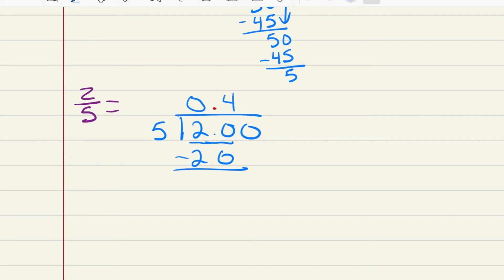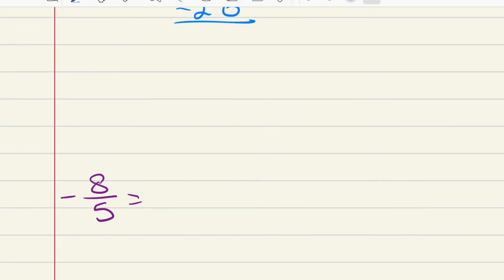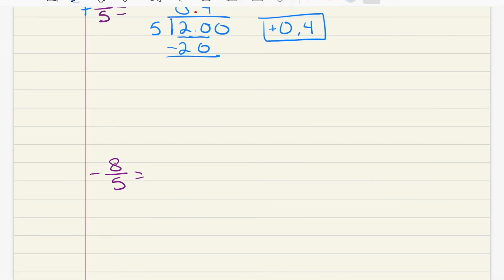So our answer, we had a positive here, so our answer is going to be a positive 4/10. And no, you don't have to write the positive, but like I said on the other slide, it's nice to know that it's positive and that you're not wondering, oh, did I forget a negative? You just know that it is a perfect positive pair, 2 positive numbers or 2 negative numbers.